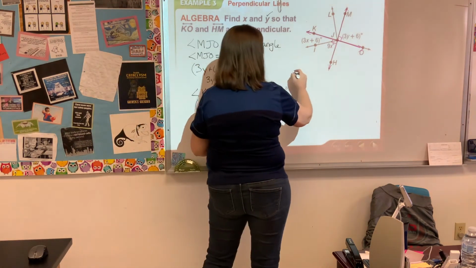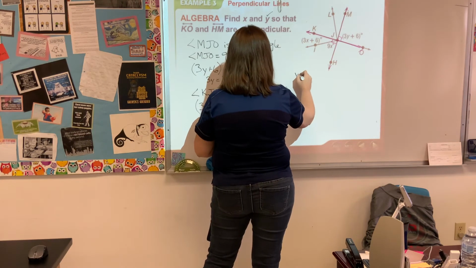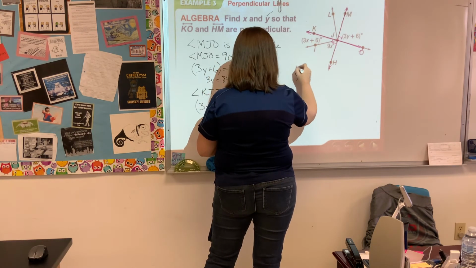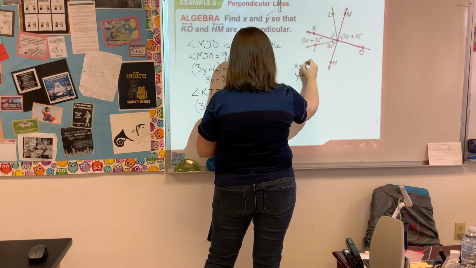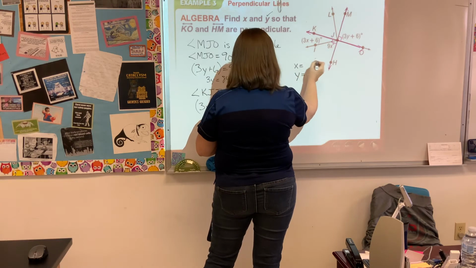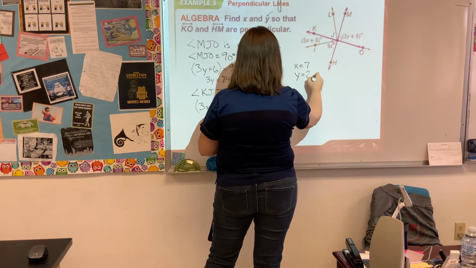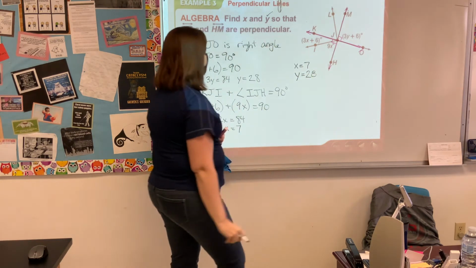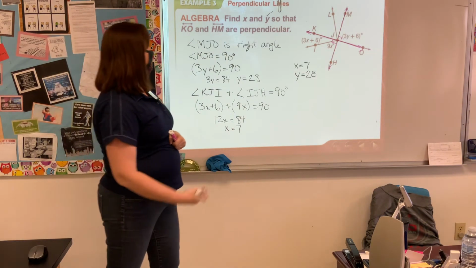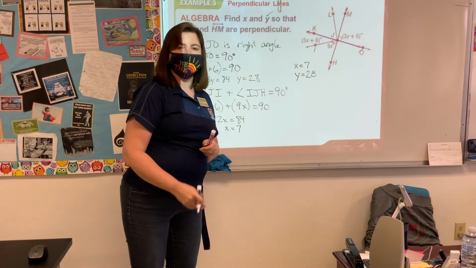So we have for our final answer that y equals 7 and x equals, sorry, got that backwards. X equals 7 and y equals 28. Those are the values that are needed so that KO and HM are perpendicular.